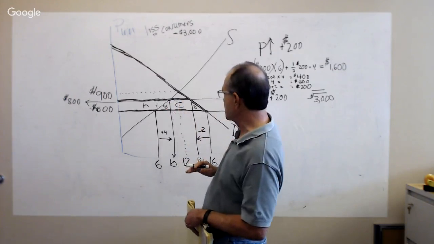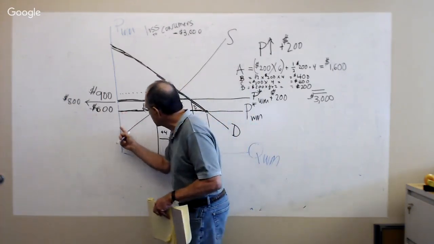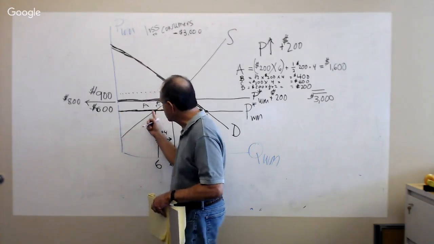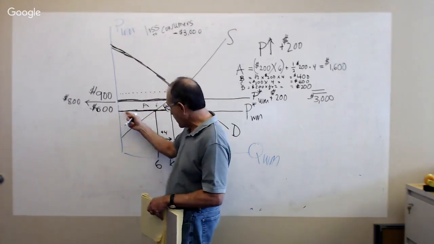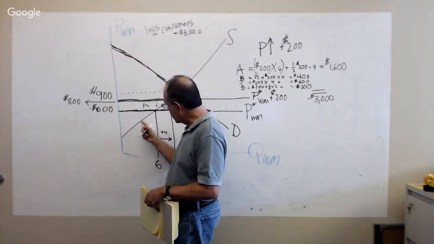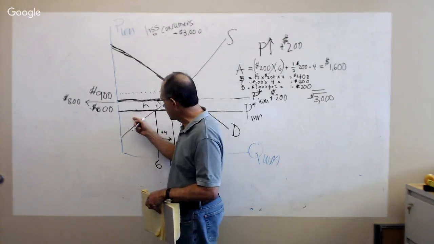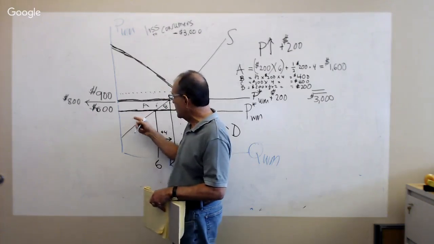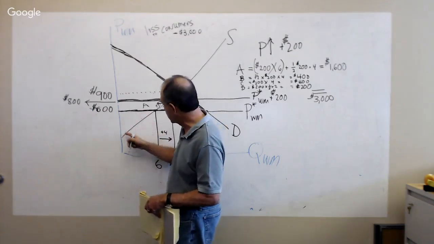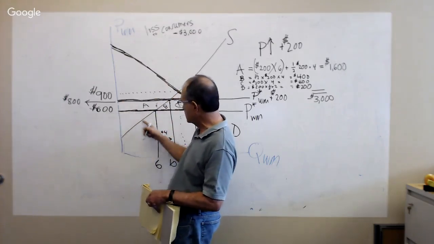Okay, what about producers? What happens to them? Well, if you recall from Dr. McDaniel, this is producer surplus. That is the area above the supply curve but below the price before the tariff, represented by this triangle here. This triangle has now expanded, this is the new area.